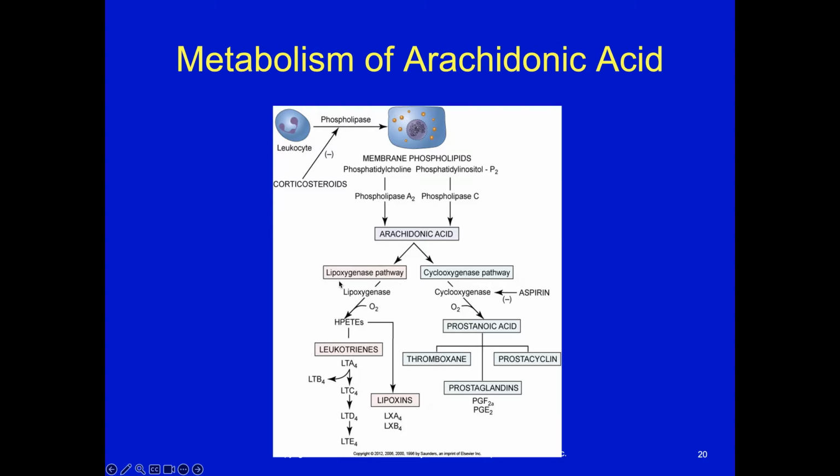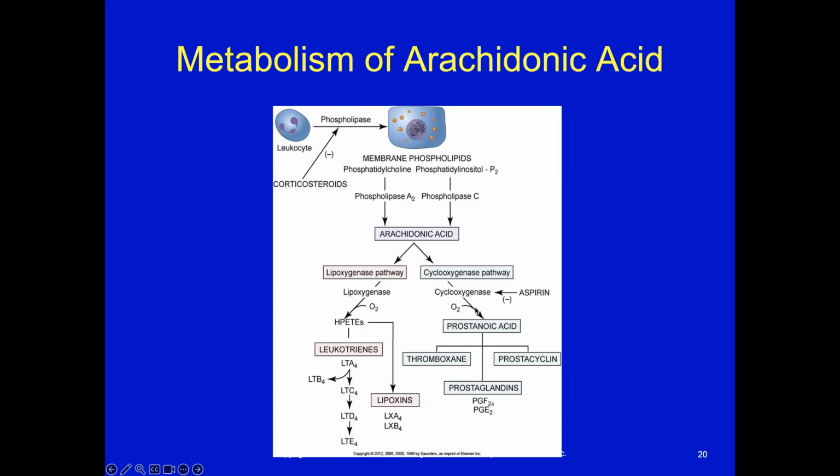So if you follow the lipoxygenase pathway, you end up with leukotrienes, which are very pro-inflammatory, and they are associated with asthma and anaphylaxis. And then the lipoxins, and these are associated with counteracting the effects of the leukotrienes. So these are anti-inflammatory agents.